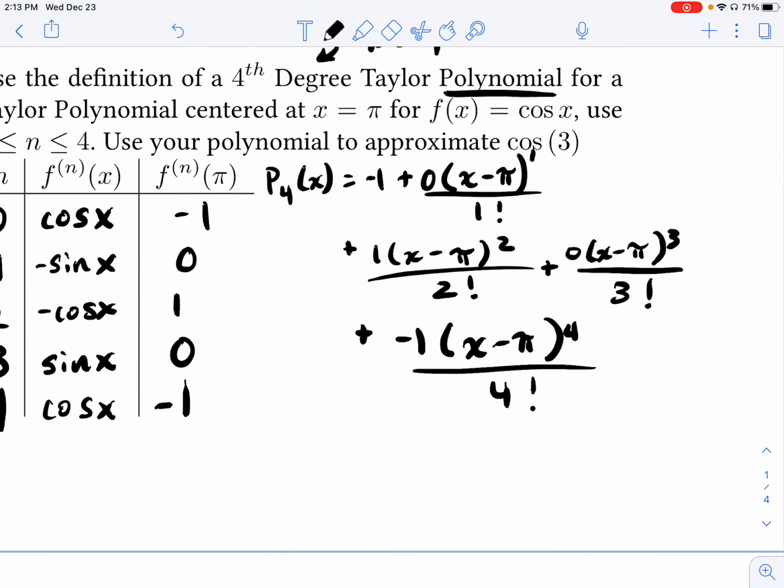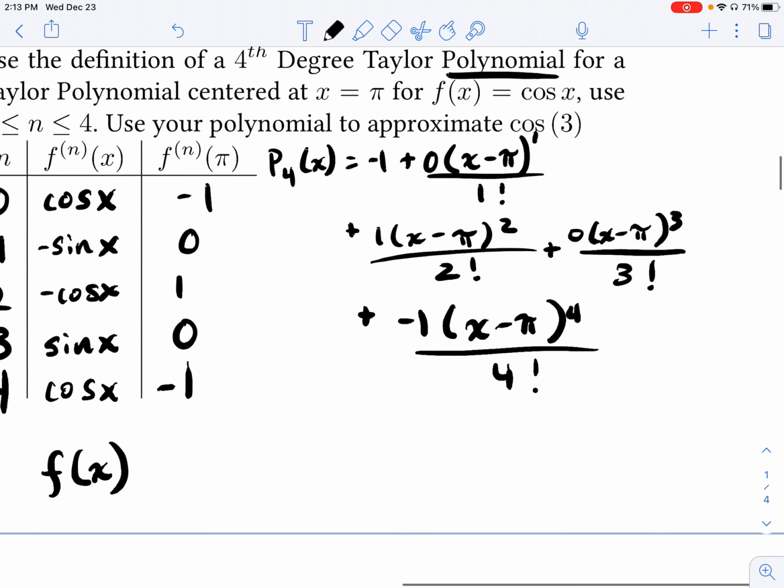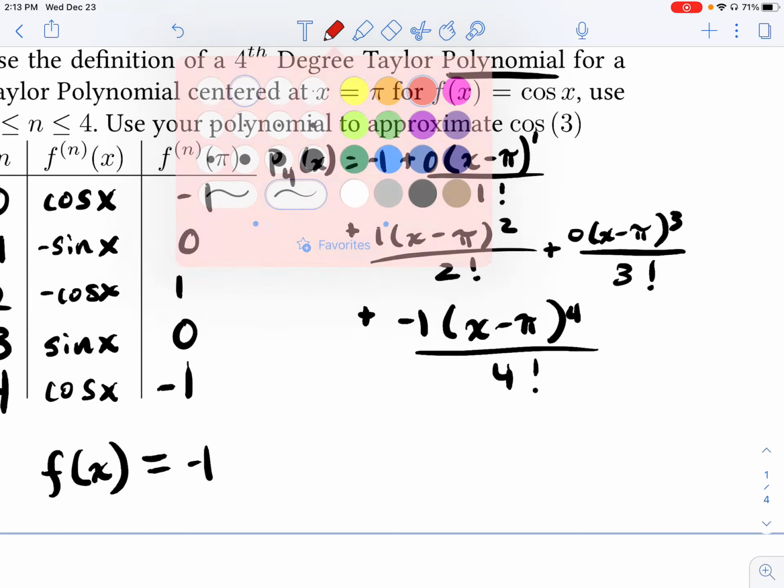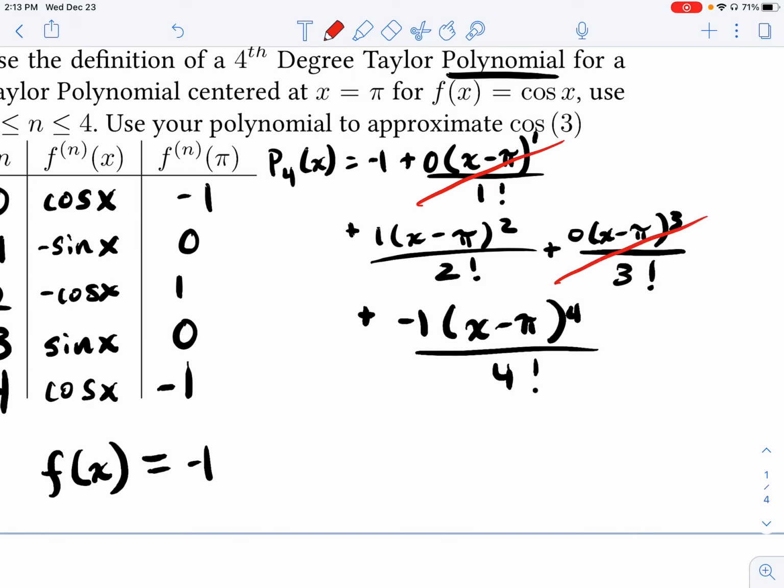Might as well write the actual Taylor series. Now, this is the Taylor series that I'm about to write right now. And I'm just going to clean this up. My first term is my constant, -1. This next term here, I can pretty much skip because these both have zeros for their coefficients.